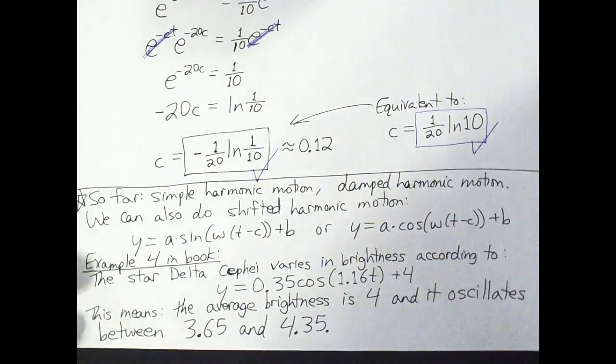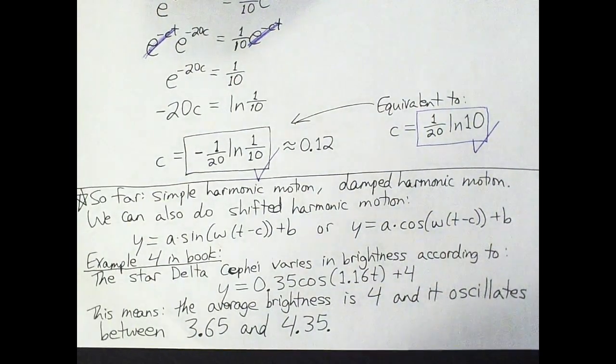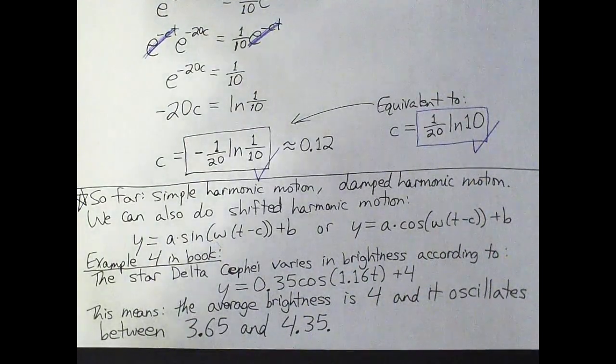Let me give you a chance to see all that. I'm not really asking you a question right here. I just thought that I would acknowledge shifted harmonic motion, and it does have real life applications.